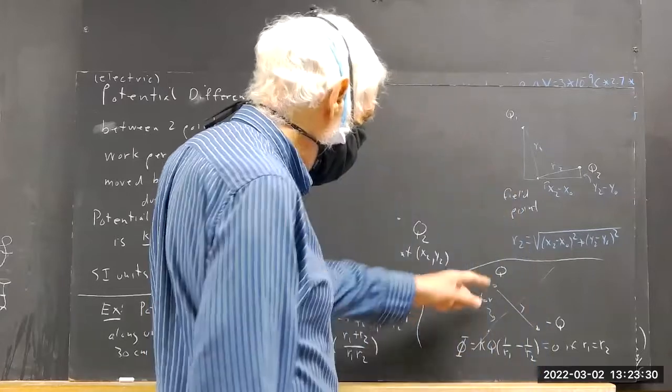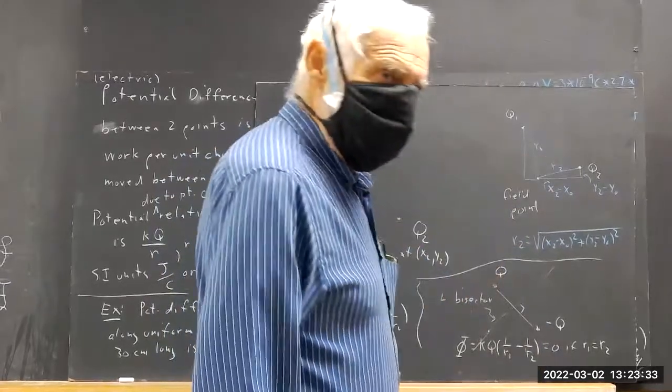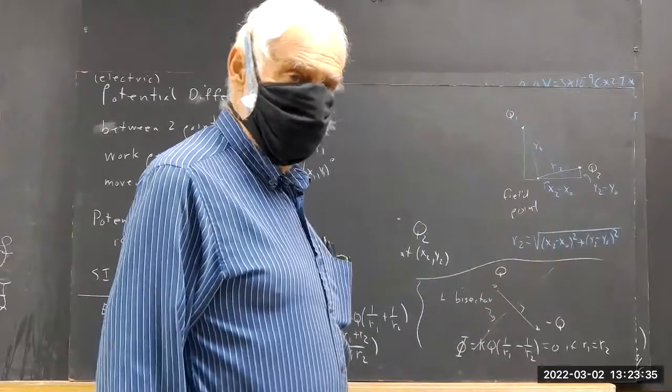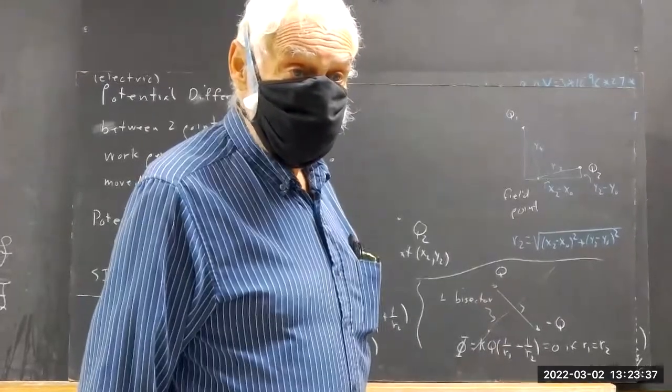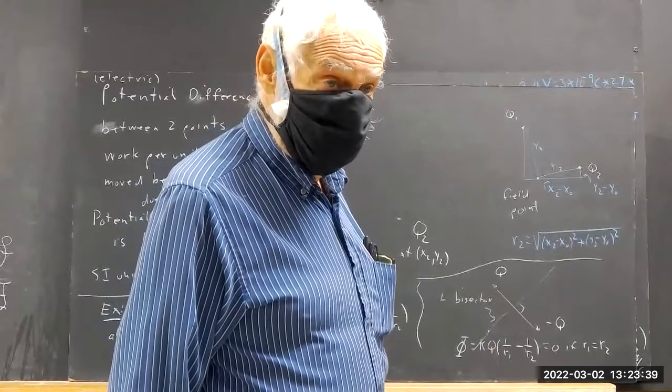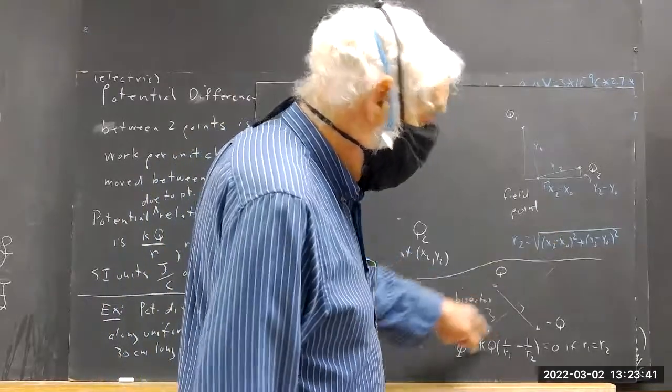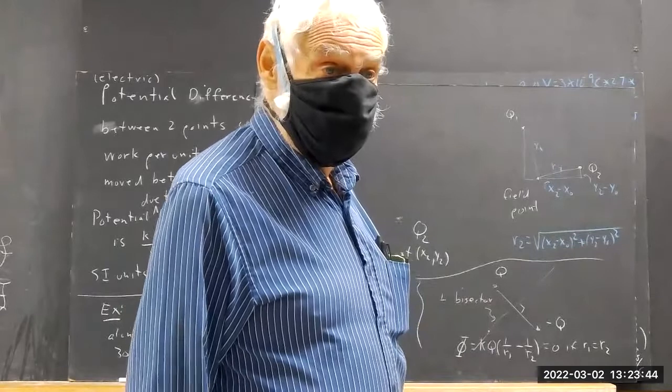There's a perpendicular bisector, the line between the points, and that's going to be what you call the zero potential line. So you move for free anywhere along that line. It'll work.